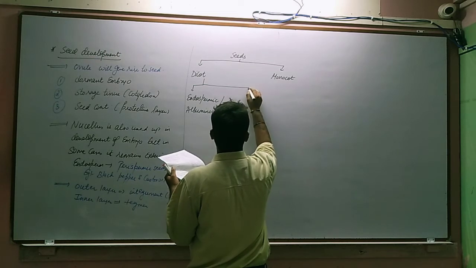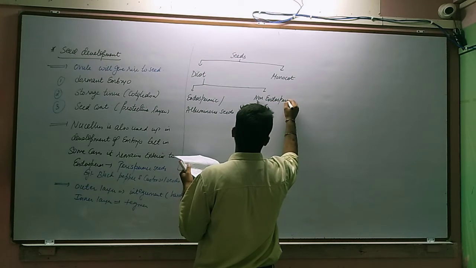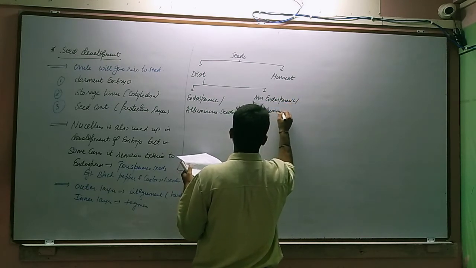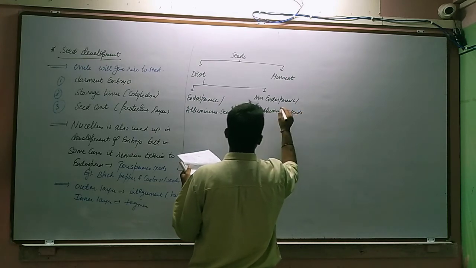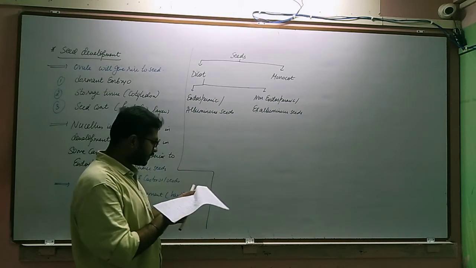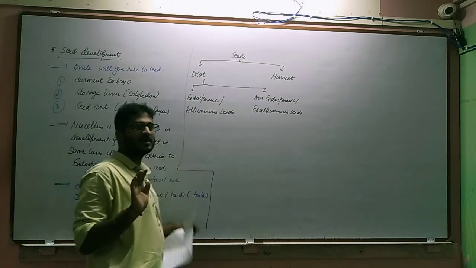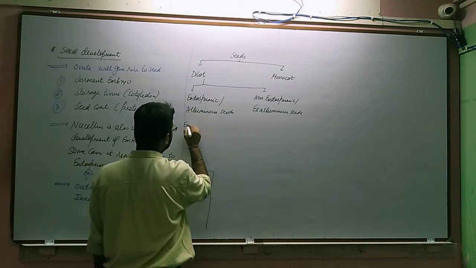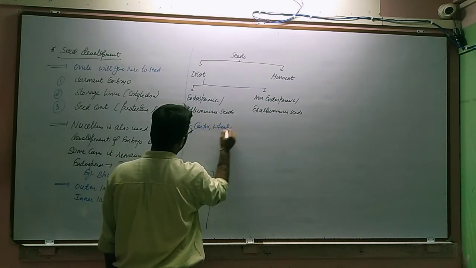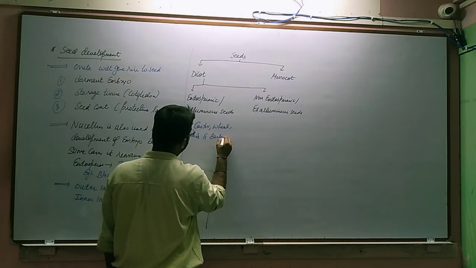The second is non-endospermic or ex-albuminous seeds, or you can also say non-albuminous. Examples of endospermic seeds include castor, wheat, maize and barley.